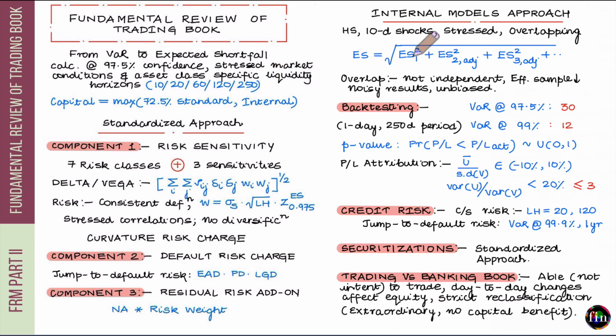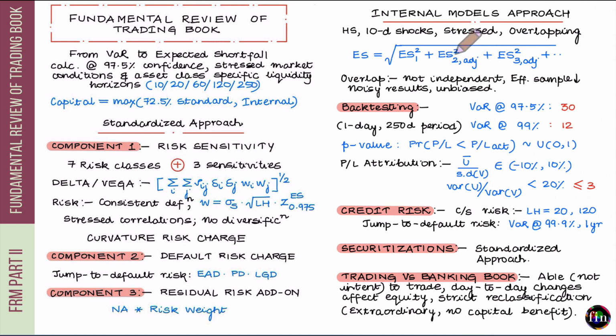I'll be shifting all risk factors across these 5 categories by their respective 10-day shocks. That will give me ES1. To compute ES2, I will not shift risk factors in category 1. I'll be shifting risk factors in categories 2 to 5. Okay, that will give me ES2.